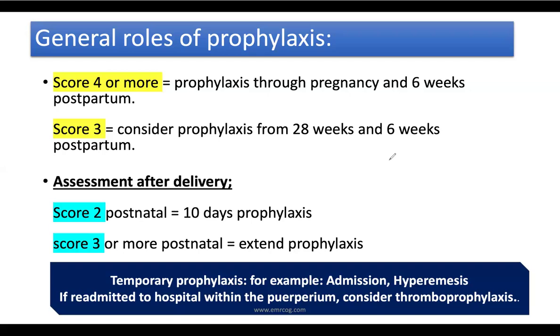Of course, she must have low molecular weight heparin during that time, unless it is contraindicated or there is a high risk of bleeding. A woman, for example, who has hyperemesis gravidarum that requires hospital admission will be considered a temporary reason to offer low molecular weight heparin during admission, until she improves and is discharged home. So those are the general rules.